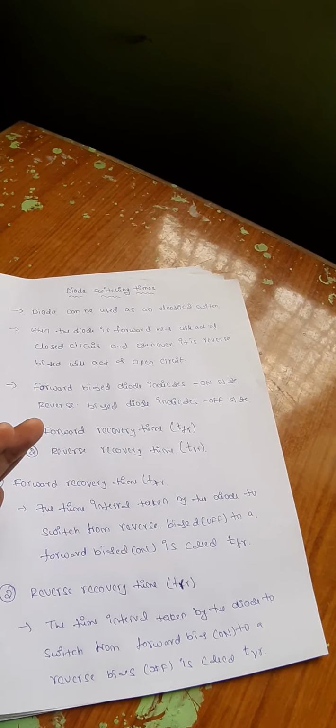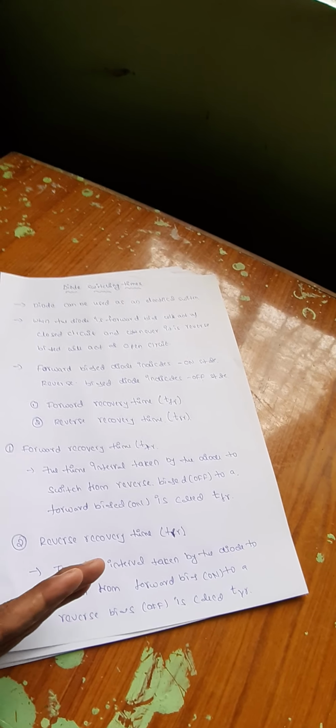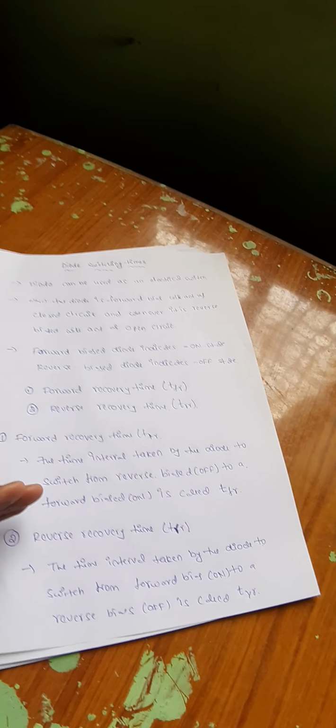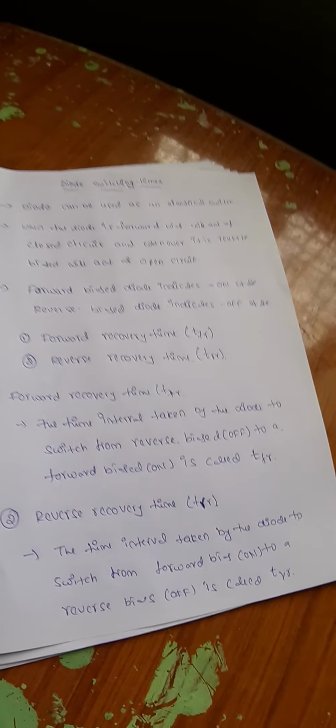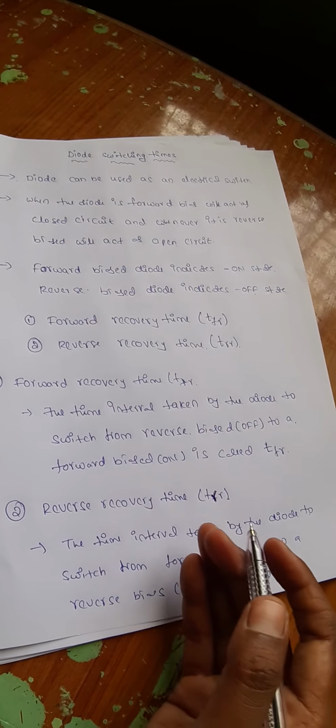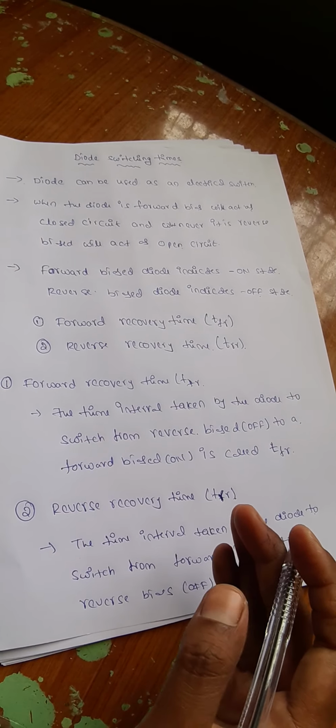Switching from forward to reverse bias, the on state to the off state, requires a time that we call the reverse recovery time. After knowing these definitions, we are going to learn about the analysis of the reverse recovery time and the forward recovery time.